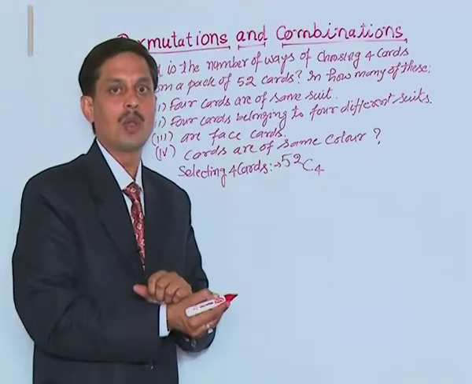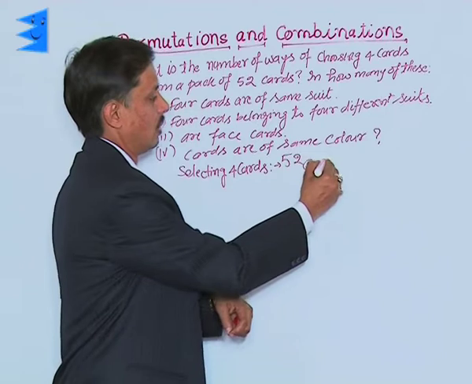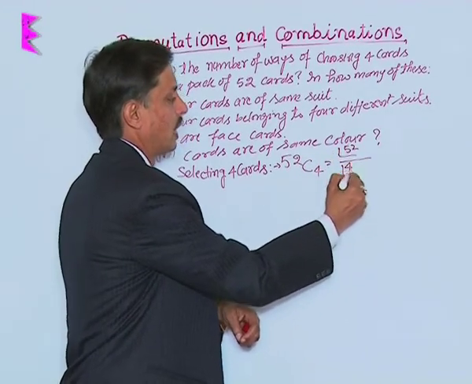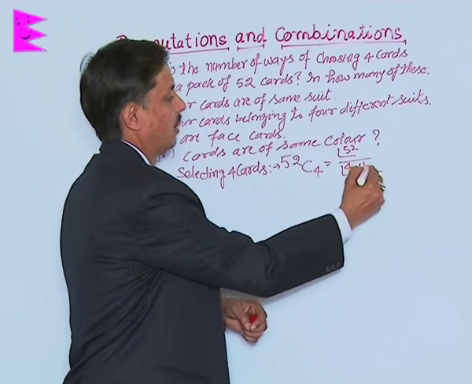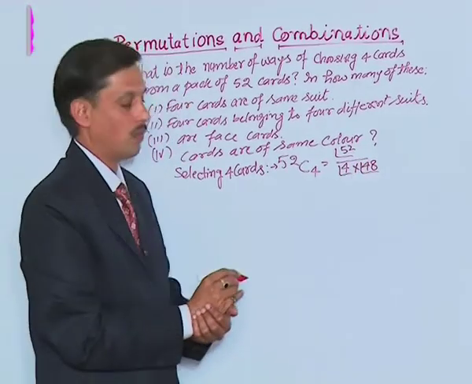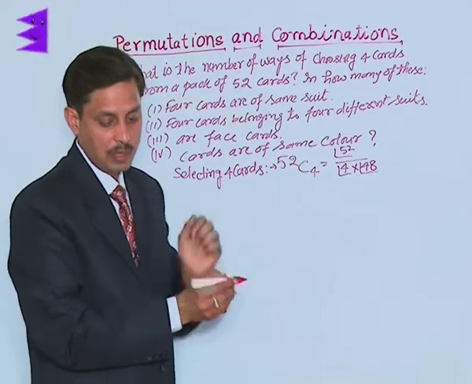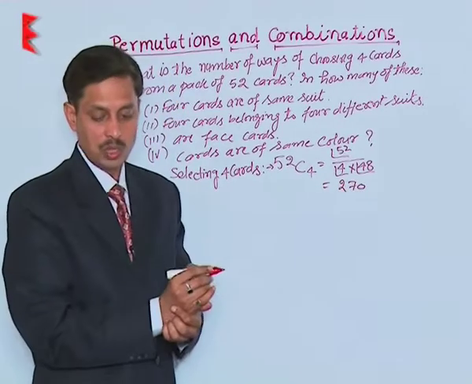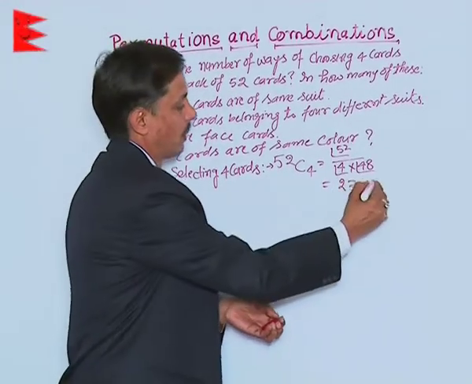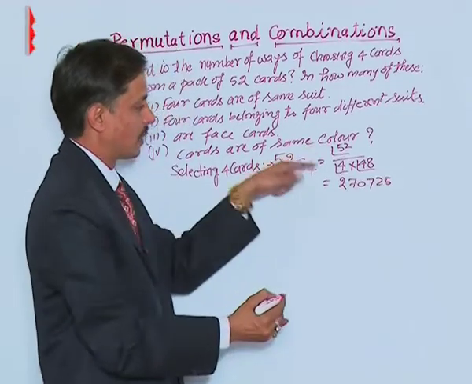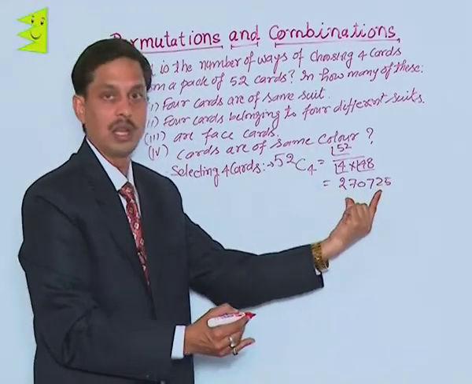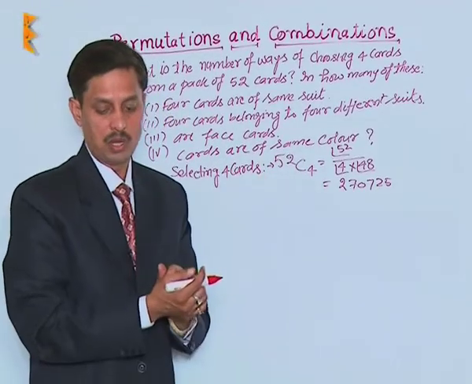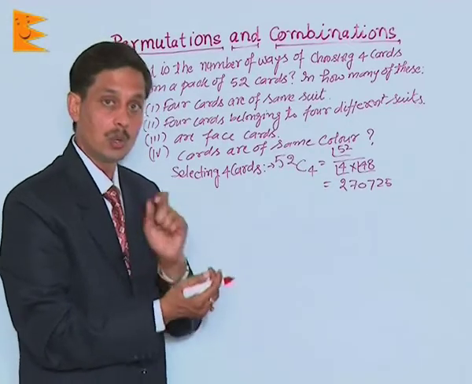If I apply the formula nCr, that is factorial n, that means 52, factorial r, that means 4, and factorial n minus r, which is 48, and simplify it, the result will come 270725. So this is the total number of ways of selecting 4 cards from a group of 52 cards.